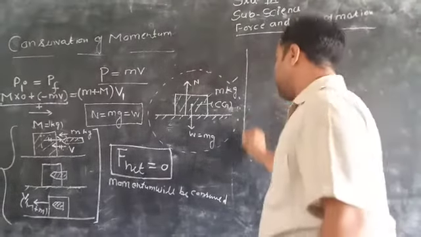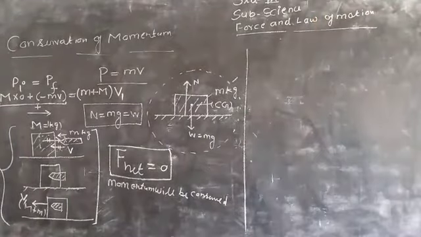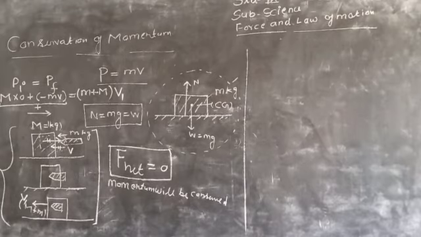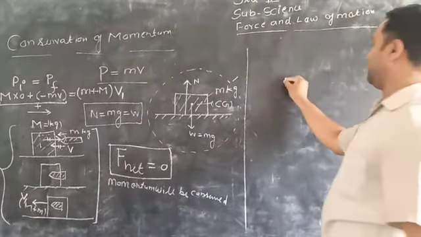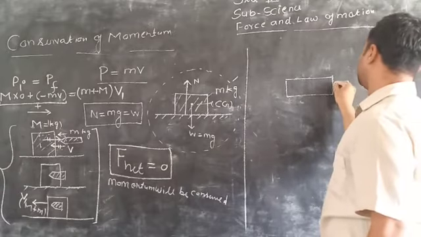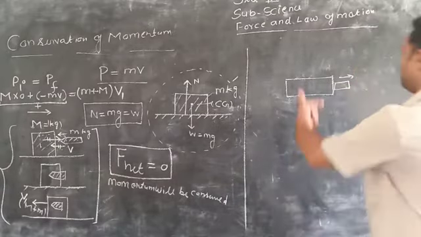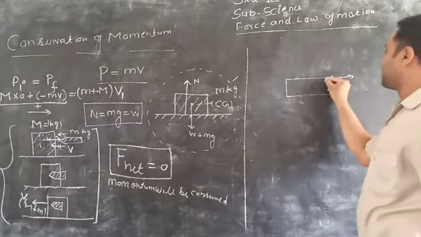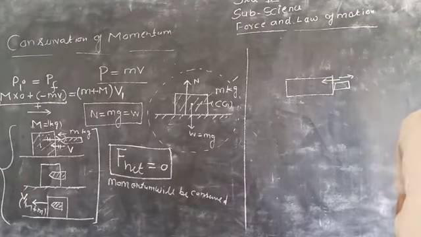There are various types of examples here. A bullet is passing through the barrel. The system momentum should always be conserved. Suppose this is the barrel of the gun and the bullet is moving in this direction. Then the bullet gives a reaction force because of Newton's action-reaction pair.